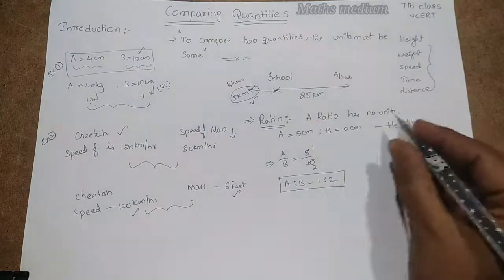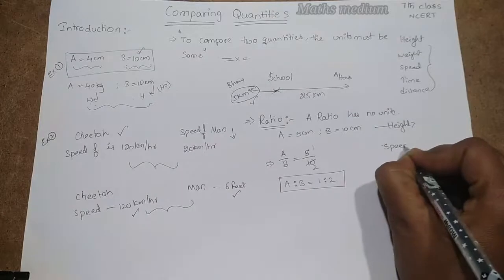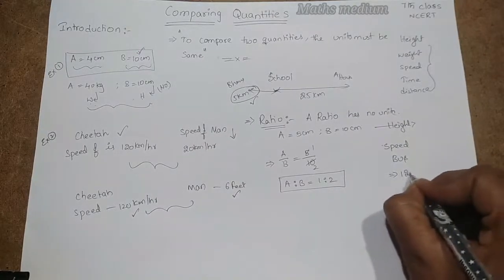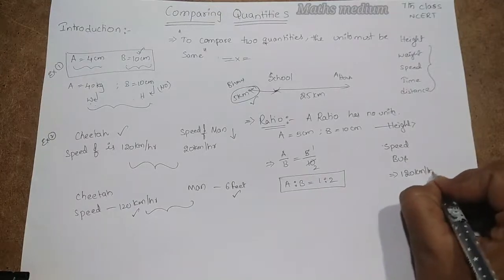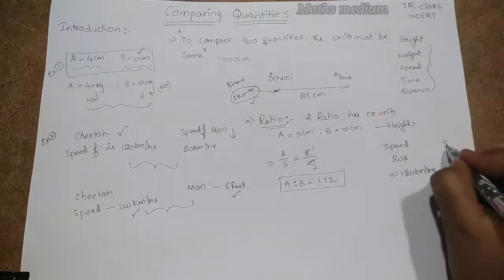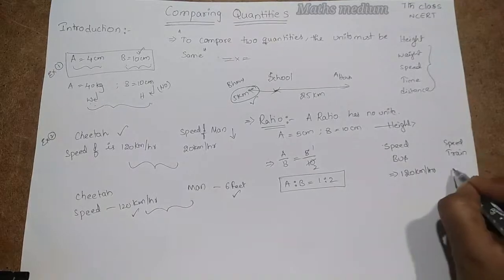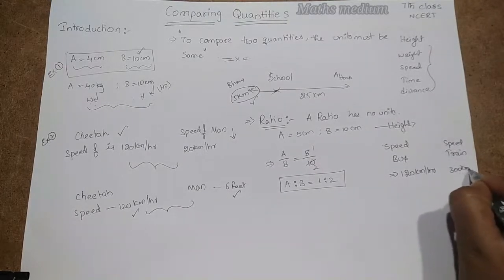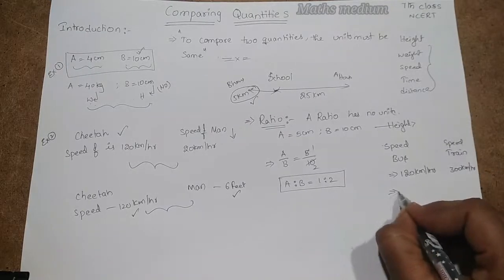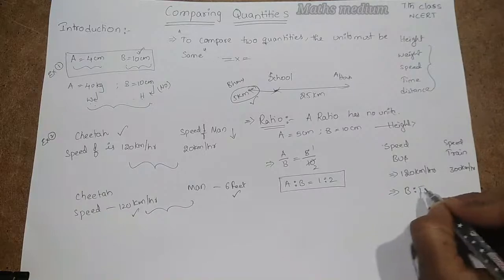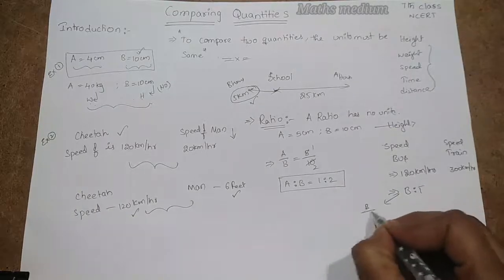If you take another example, like the speed of the bus, it is equal to 120 kilometers per hour. For example, the speed of the train is equal to 300 kilometers per hour. Then B is to T, it means bus is to train. We can write it as B by T also.